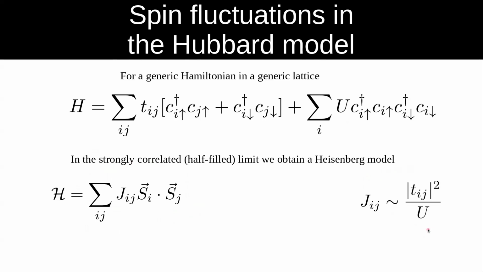And the second one is that the bandwidth of your spin excitations is going to decrease as 1 over U. What this actually means is that in a finite system, the singlet-triplet transition is going to go as 1 over U. So the bigger the interaction, the smaller the spin gap in your system, which is the phenomenology that we observed before.